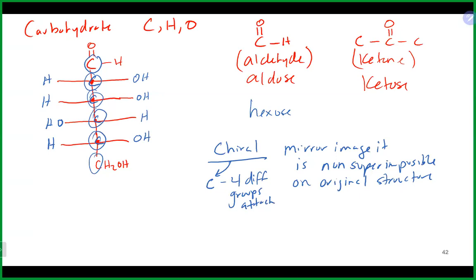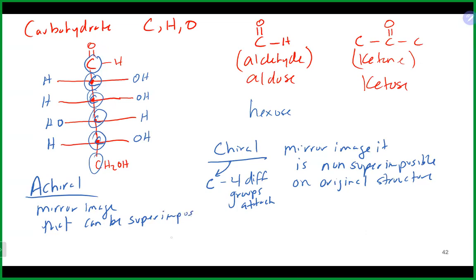Achiral, by the way, means that it does have a mirror image that can be superimposed on the original structure. I wrote superimpossible there.